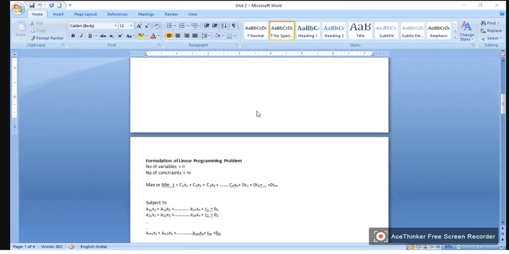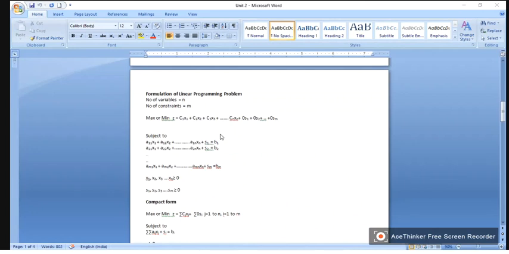So we write that problem in standard format like this. This is the linear programming problem formulation. The constraints will be of equality type.